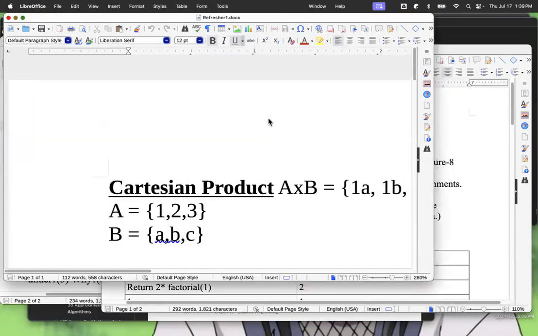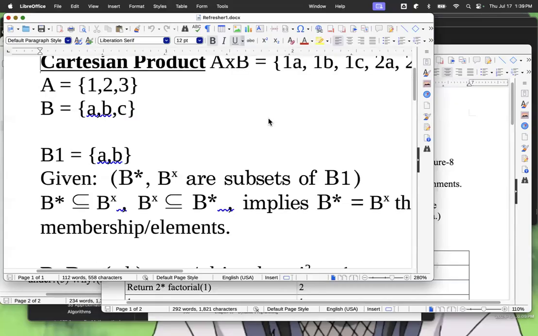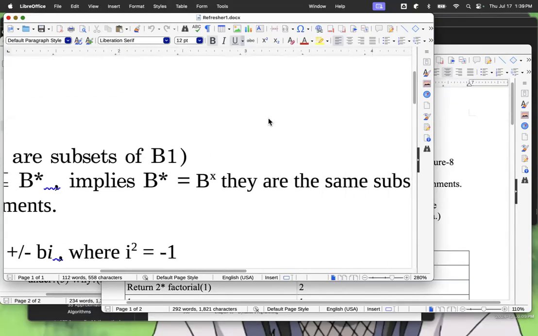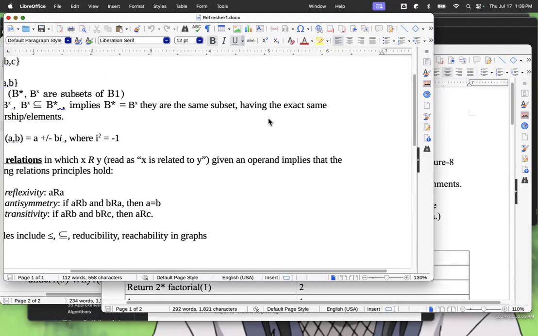Refresher. Remember when we talked about the Cartesian products and there was that part where I talked about subsets? Was this on the first day of class? It was like day 1 or 2.